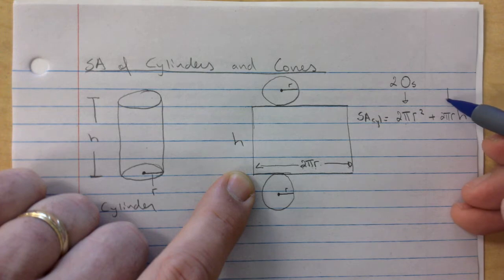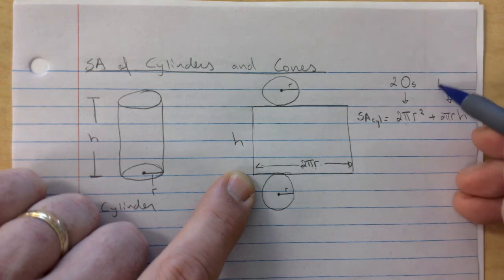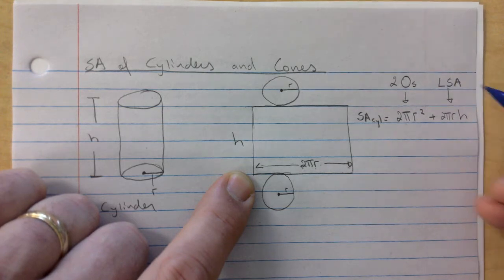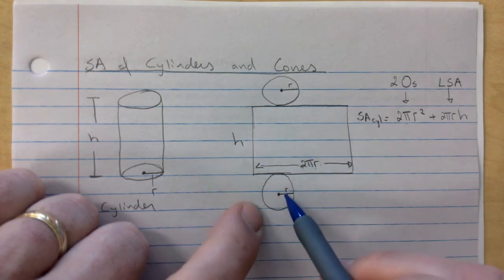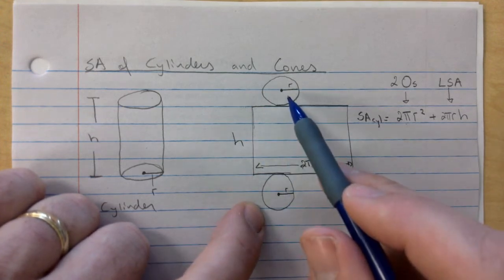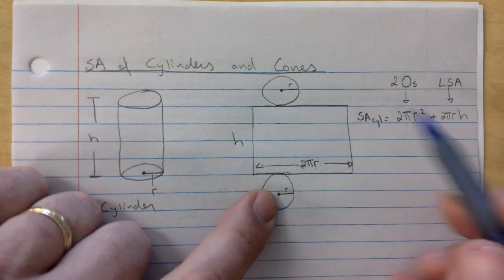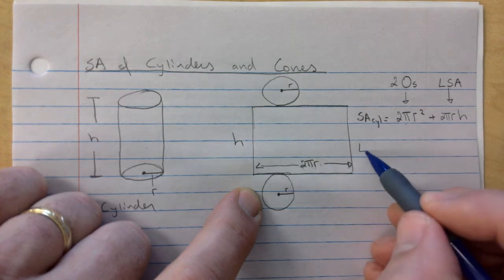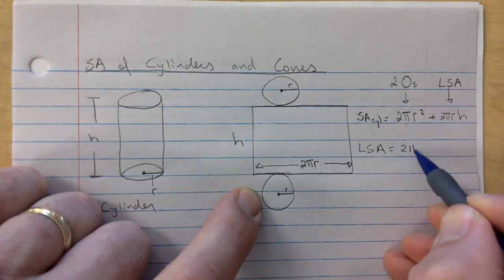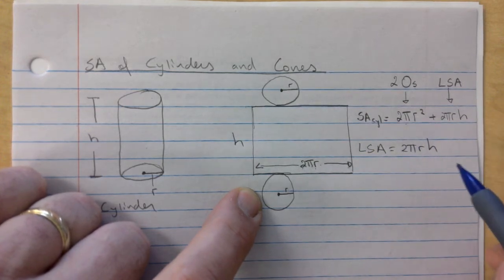Okay, so this right here you can consider two circles, right? And this part right here would technically be considered the lateral surface area, just the side. If you just wanted the side of this and it didn't have a top and bottom, right? If it didn't have these two circles, it would just result in this. So the lateral surface area would just be 2 pi r h there.